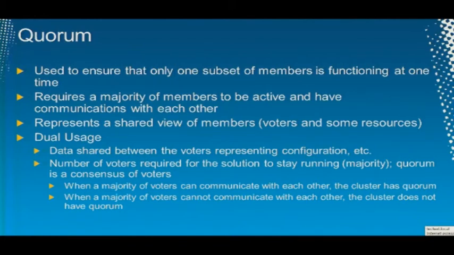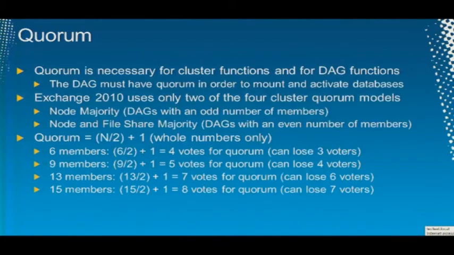Now, quorum is important. Quorum is core to the solution because without quorum, not only will you not have cluster functions, but you won't have DAG functions. In order for a DAG member to participate in continuous replication, to mount databases and allow users to access that data, the system has to have quorum. If you don't have quorum, the system comes down.